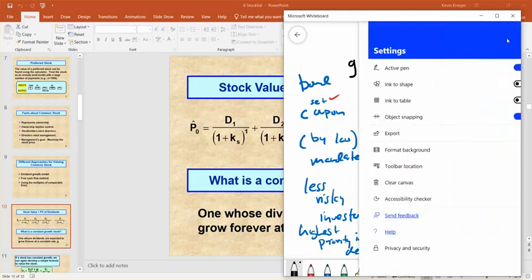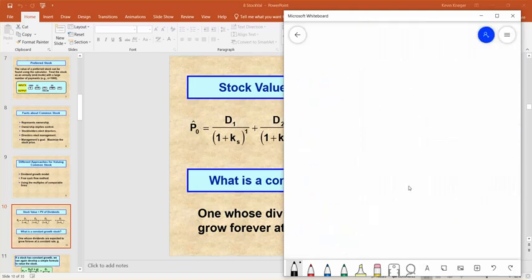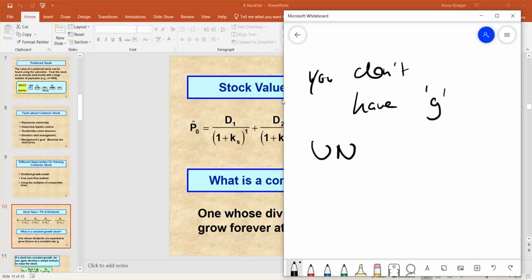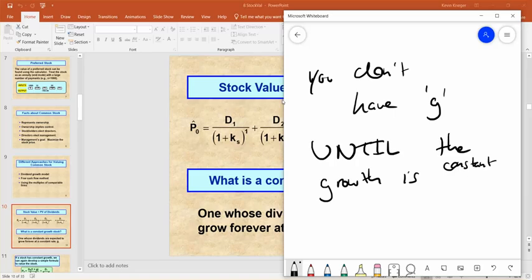But the rub with this is it's not really a G until the growth is constant, a word often used with these problems.